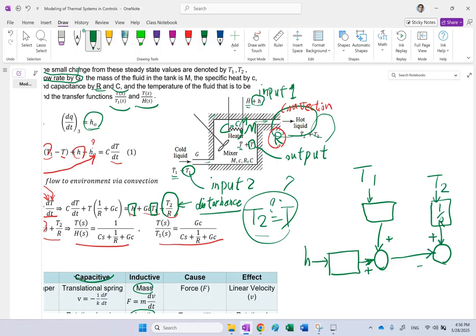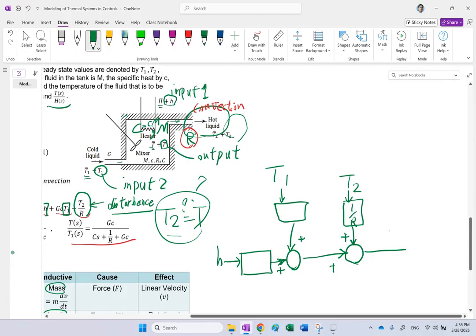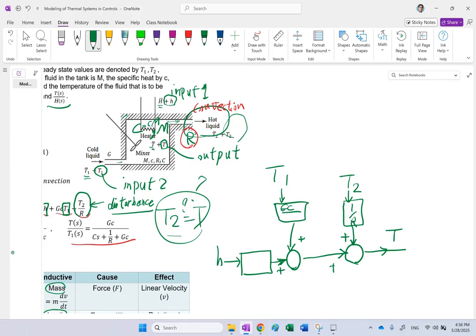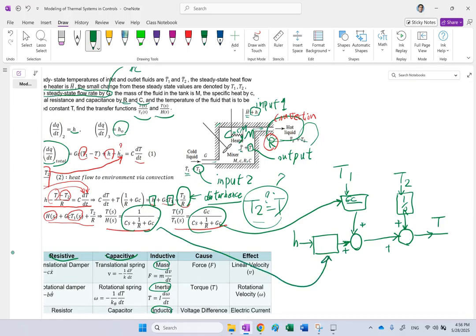These are the inputs 1 and 2. And then the result of that is going to be T here, right? So these are those two transfer functions. This one for T1 is GC over that, this guy. And for H is this one. That 1 over R comes from this coefficient here. So you can model it like that.